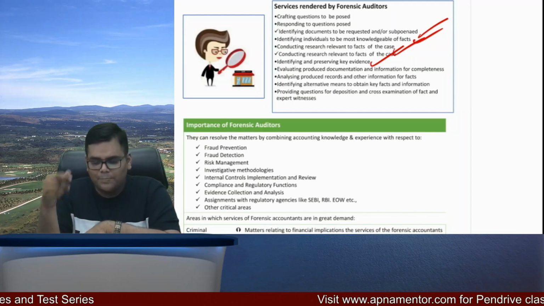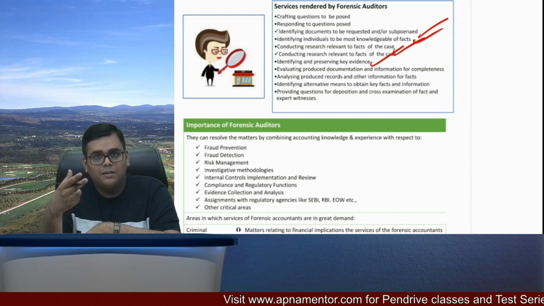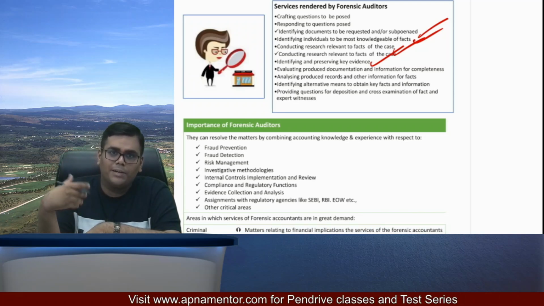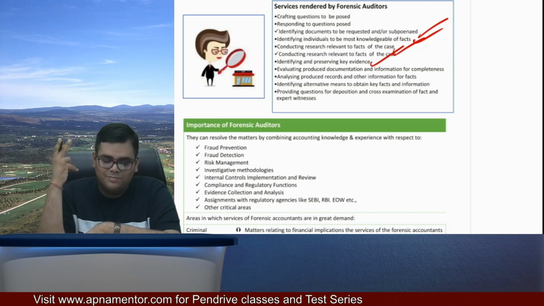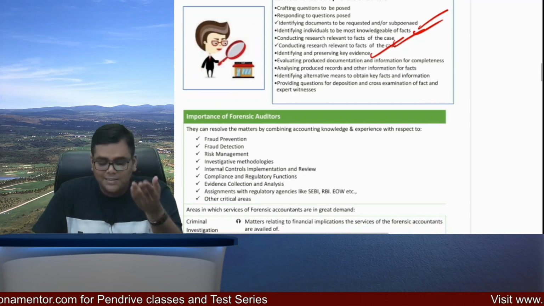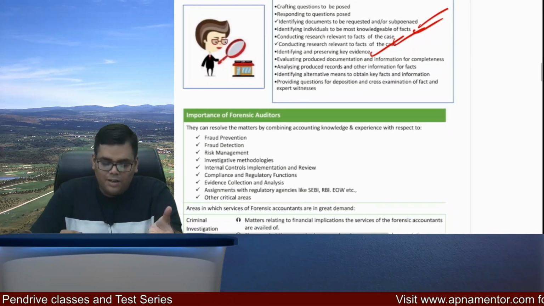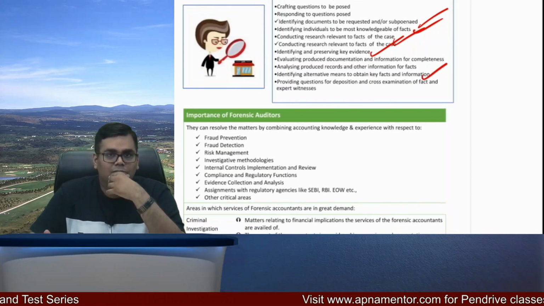Now, when you are seeing the printouts, what appears to you is that this paper seems to be a new paper. And this seems to come from a typewriting machine that does not exist 6 to 7 years ago. So that is analyzing the produced records, evaluating the produced records, identifying alternative means to obtain key facts and information.